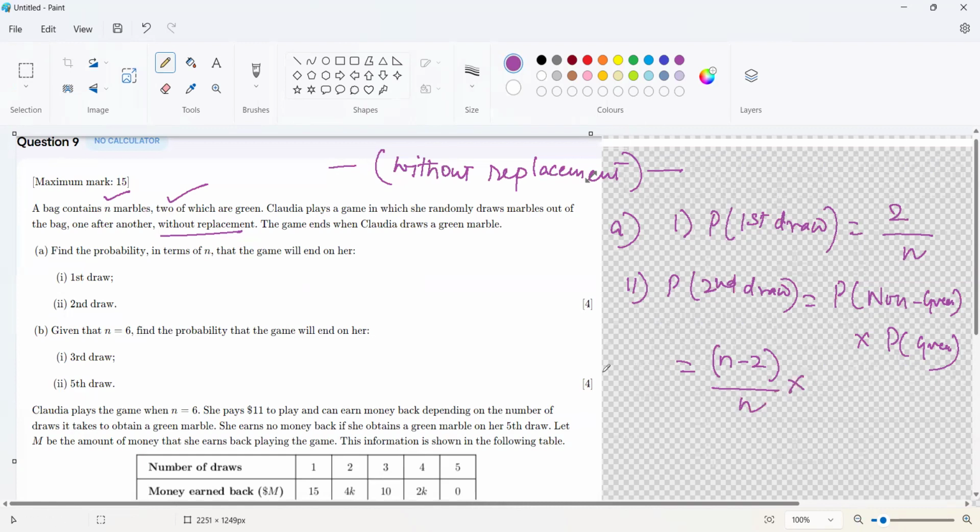And then multiplied with the green marble, which is 2 out of, since the marble she picked the first time she will not pick back, the sample size is decreased to n minus 1. So she picks the green marble the second time out of n minus 1 marbles. So this is the probability for drawing the green marble in the second draw.